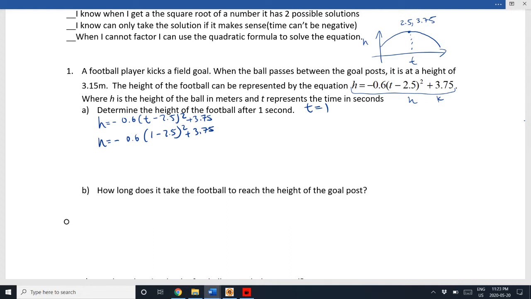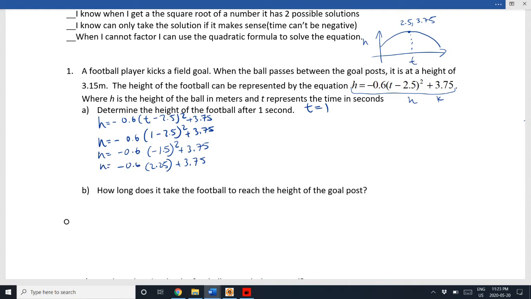Okay, and if we calculate this, 1 minus 2.5 is going to be negative 1.5 inside the bracket here. And then we'll just write this here again, negative 0.6 and plus 3.75. Then we just got to square negative 1.5 inside there, and we're going to get positive 2.25. And again, we have the 3.75 and the negative 0.6 out here.